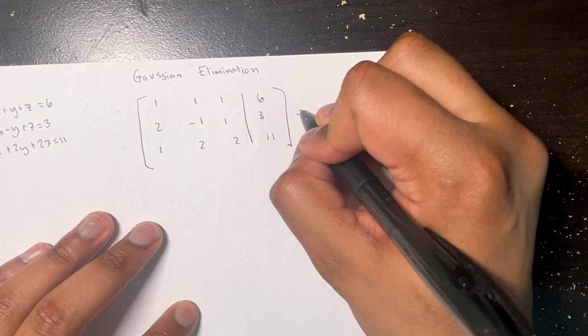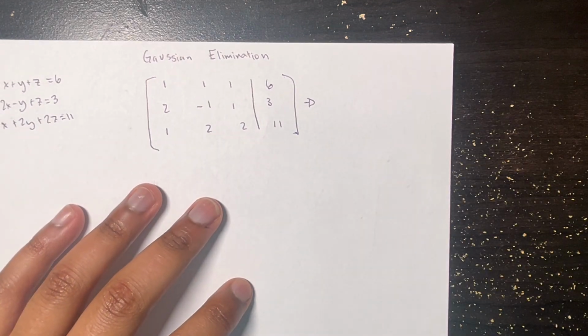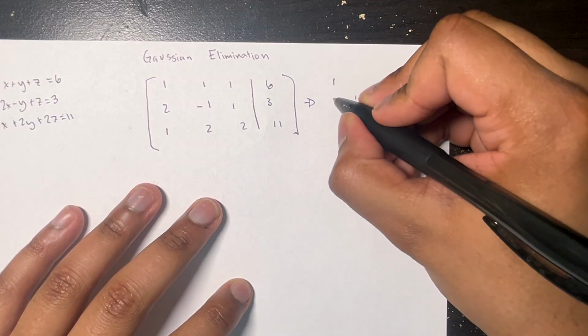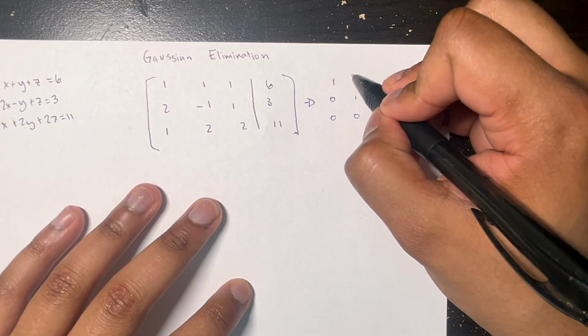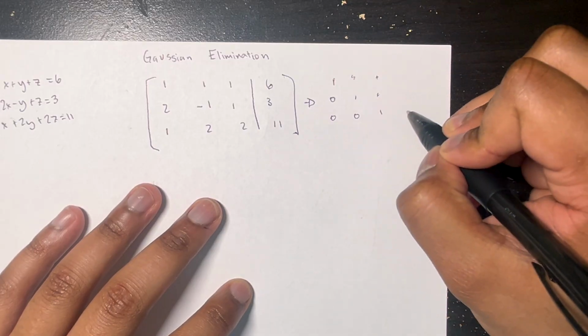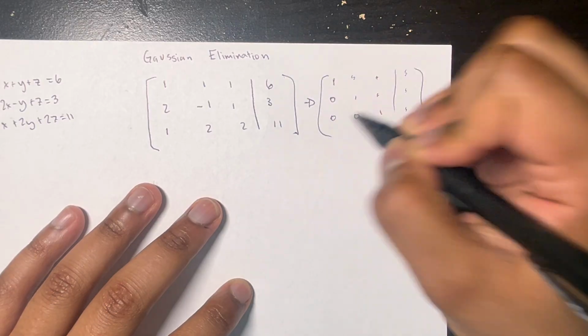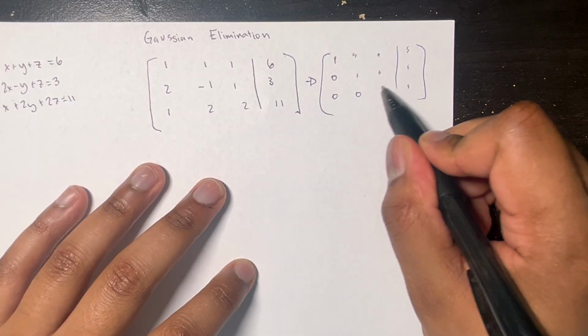Eventually, we would like it to turn into this, which is basically what we call row echelon form. You would want ones on the diagonal, zeros under all of the ones, just like that. And then whatever ends up being there, you put there. Basically, this helps us to solve it because eventually, imagine looking at this as an equation.